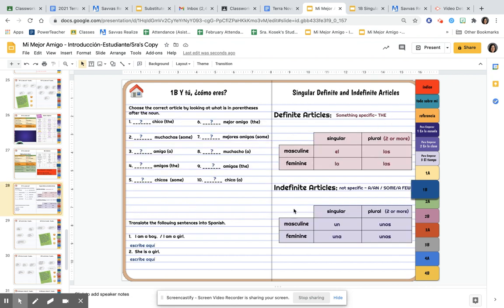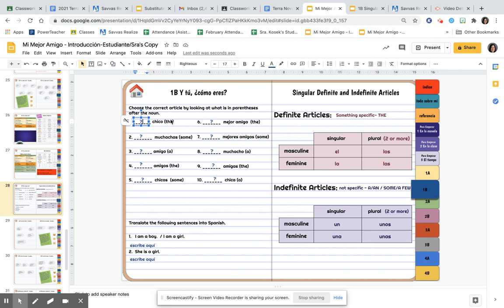So which of these is the definite article? Your choices are el, la, los, or las. Now you have to look at the word chico. It ends in the letter O, which 90% of the time is going to be masculine, and you already know it refers to the boy. So it has to be singular el. You're going to erase the question mark and put in the definite article el.